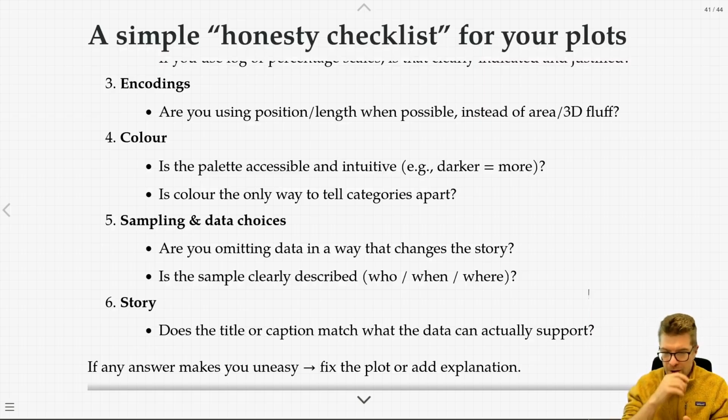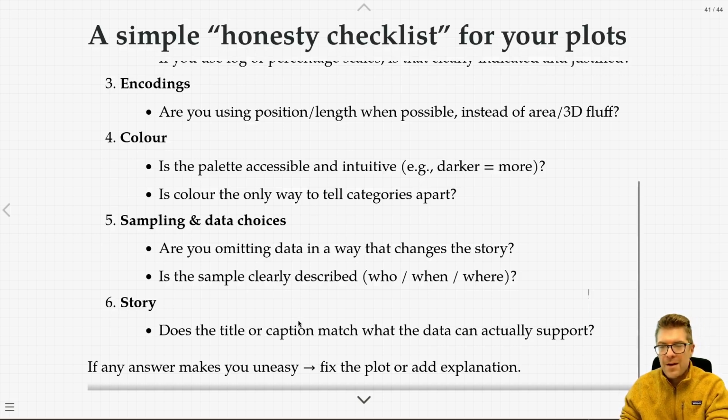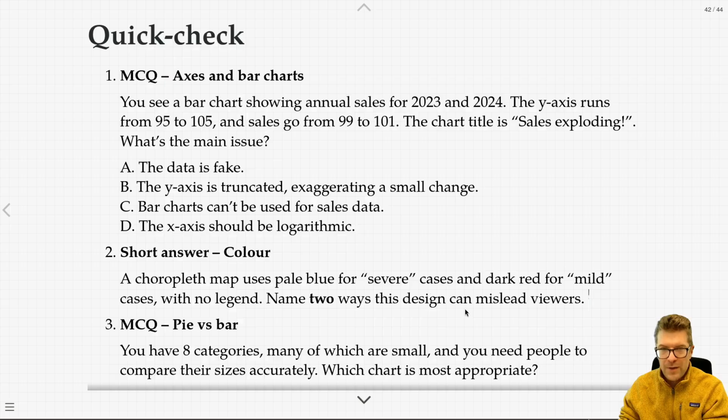And if you're aware that you're biased and you don't care if your story might not demonstrate the truth, then you're immoral, you're unethical, and I trust that none of you are in that category. If any answer is making you uneasy, then rethink things.